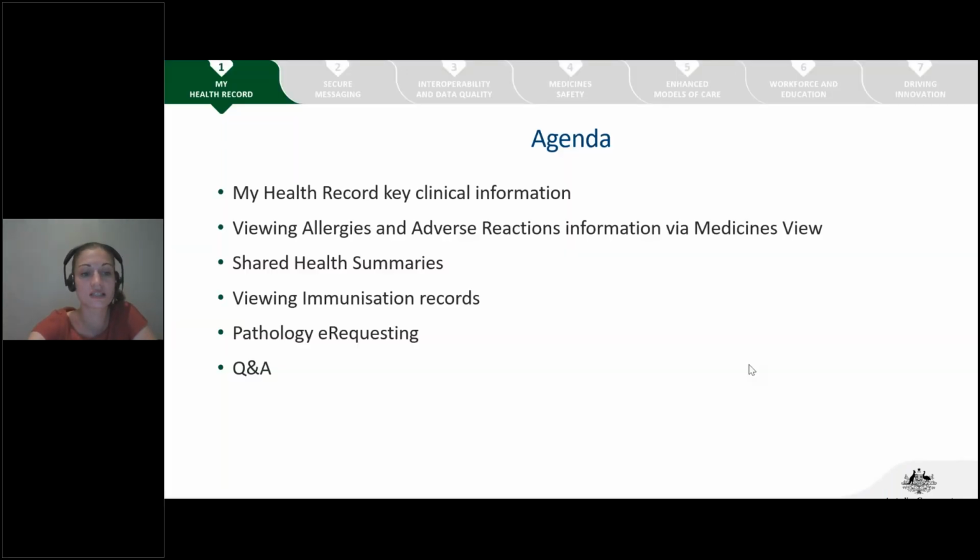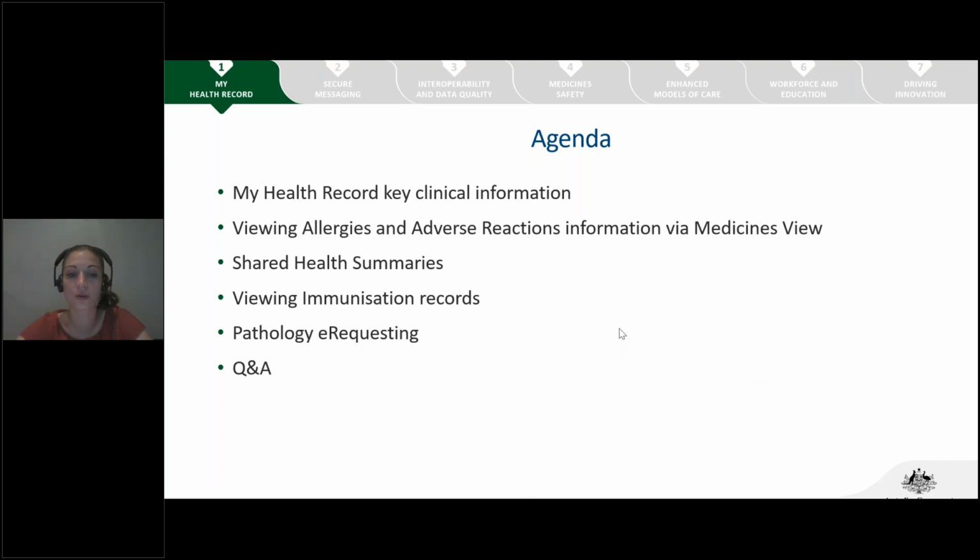On the agenda today, we are looking at My Health Record and some of the key clinical information that you can find in a patient's My Health Record. Considering that everyone's focus now is on the rollout of COVID vaccinations across Australia, we're going to look at My Health Record as a tool that you can use to view, for example, patients' allergies and adverse reactions information.